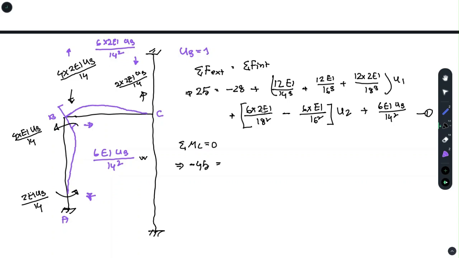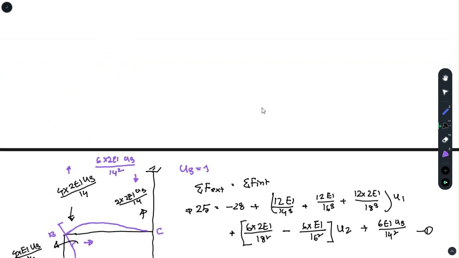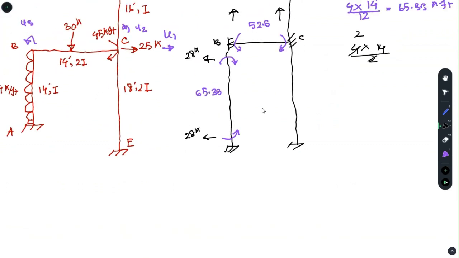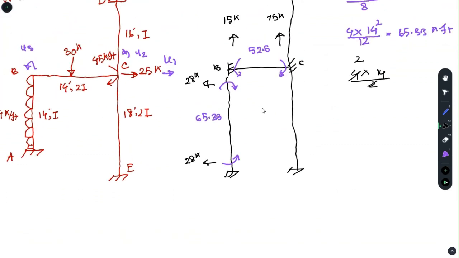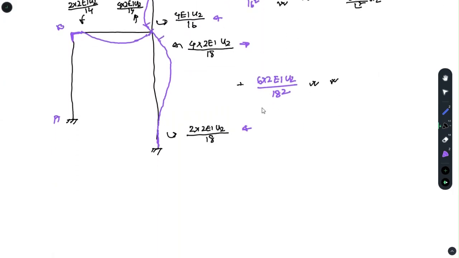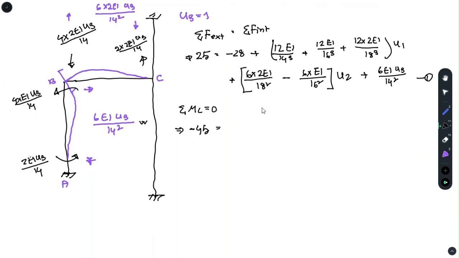Now we'll write internal moments in the left hand part. So whatever the internal moments at point C, for fixed end moments, we have internal moments of 52.5, and it's clockwise. Since it's clockwise, it will be minus 52.5.